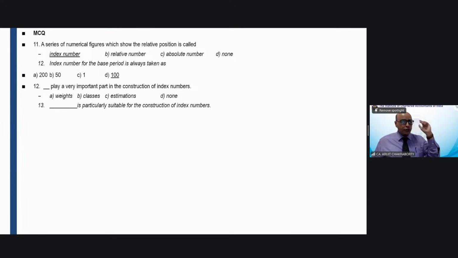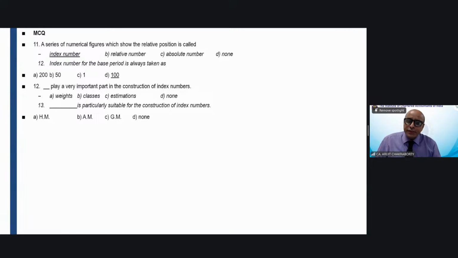Question 13, dash is particularly suitable for the construction of index numbers: HM, AM, GM. Okay, so AM and GM both are used. For example, Bowley's index is the arithmetic mean of Laspeyres and Paasche's index. And you know that Fisher's index is the geometric mean of Laspeyres and Paasche's.